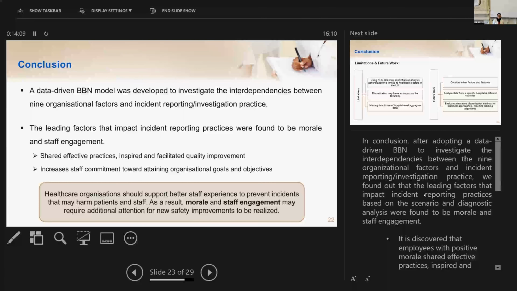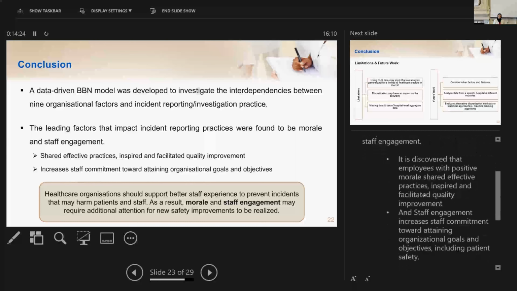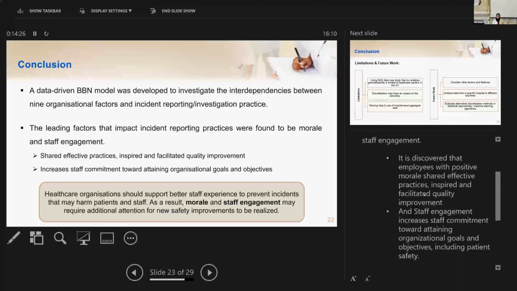In conclusion, after adopting a data-driven Bayesian belief network, we found that morale and staff engagement were the 2 most influencing factors after conducting the scenario analysis and the diagnostic analysis. It's discovered that employees with positive morale shared effective practices, inspired and facilitated quality improvements.